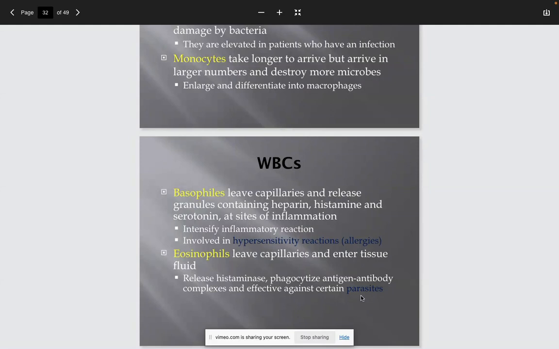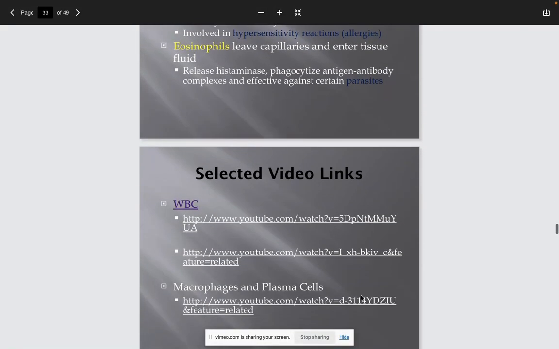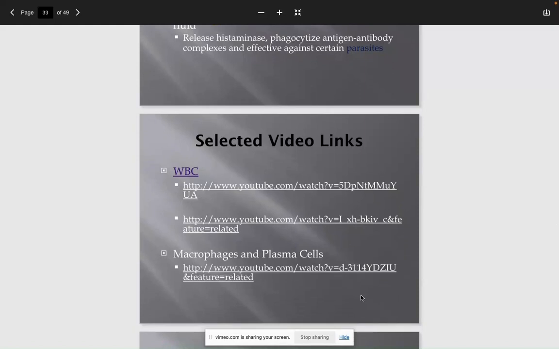There are several hookworms that live in South America. Let's say you're walking on a beach and a hookworm penetrates your foot and gets into your body. Well, the eosinophils are responsible for identifying this parasite and destroying it. Here are some selected videos that could be important for you to look at and hone this in.